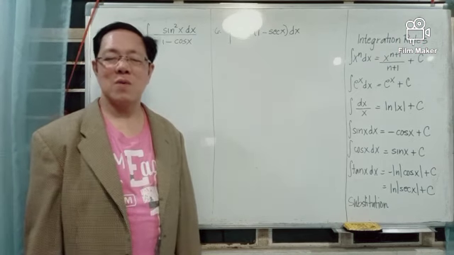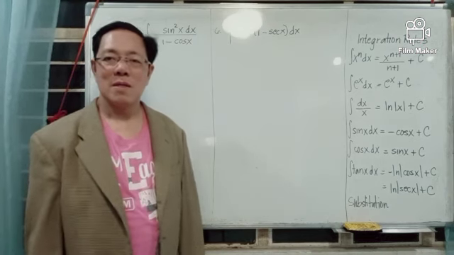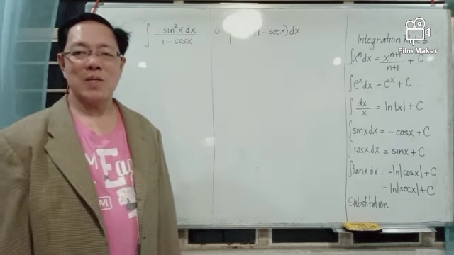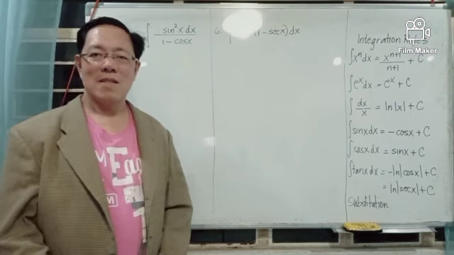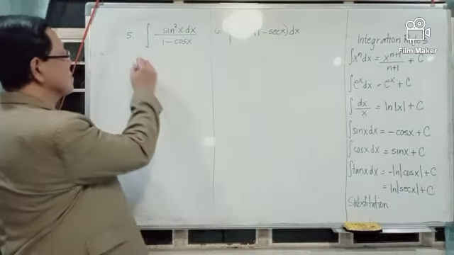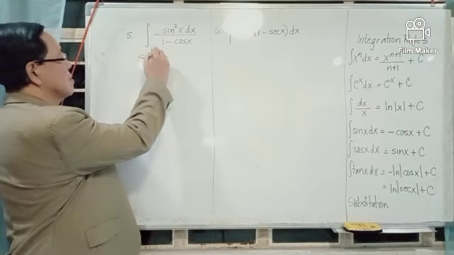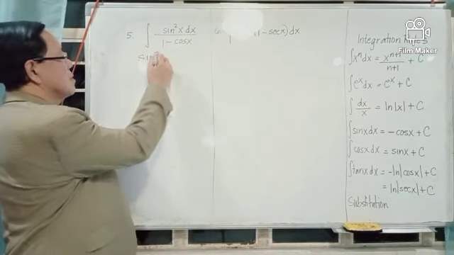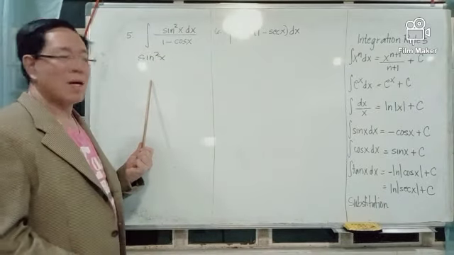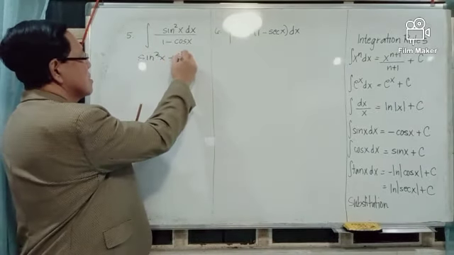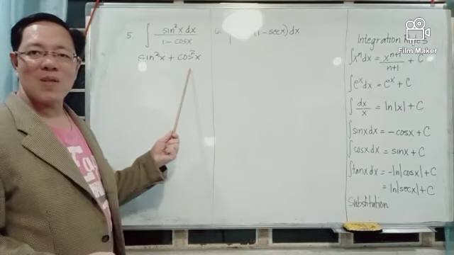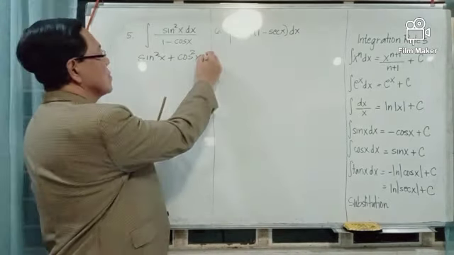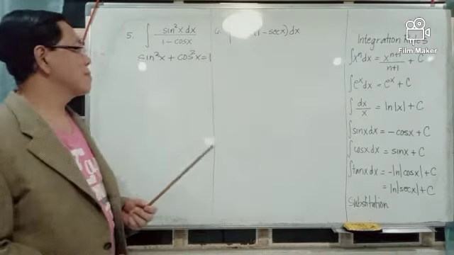In this example, we will use a trigonometric identity, particularly one of the Pythagorean identities that says the square of sine x plus the square of cosine x is equal to 1.